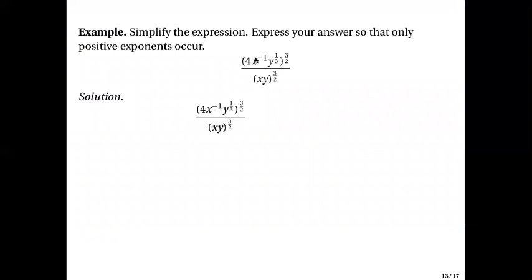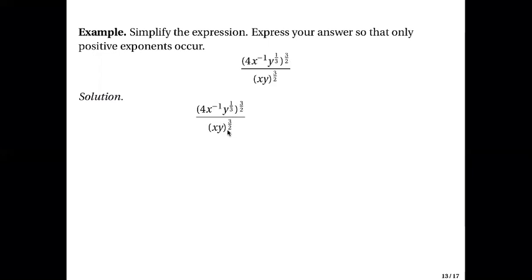you have this expression and you want to simplify it. Furthermore, the final expression must only contain positive exponents. Okay? So you have 4x raised to negative 1, y raised to 1/3, quantity raised to 3 halves, all over xy raised to 3 halves.